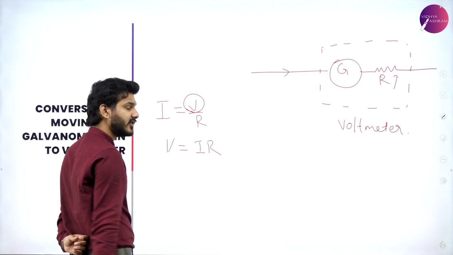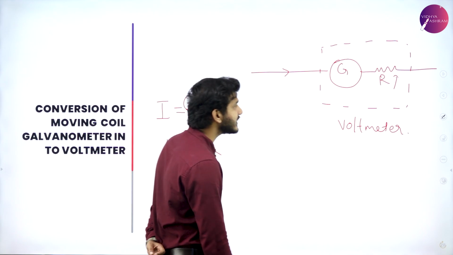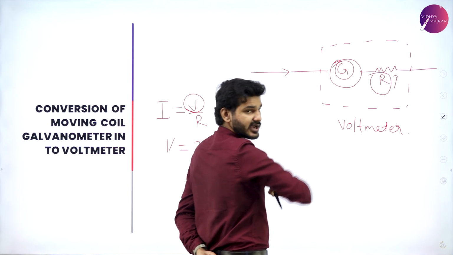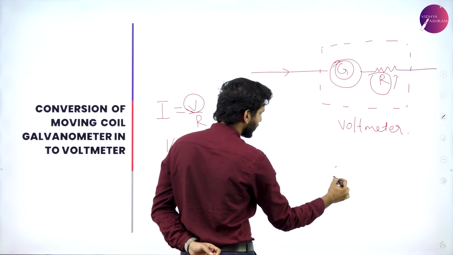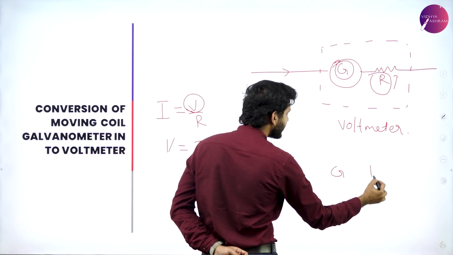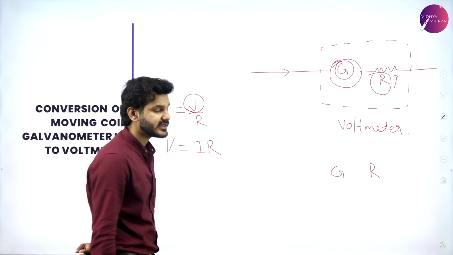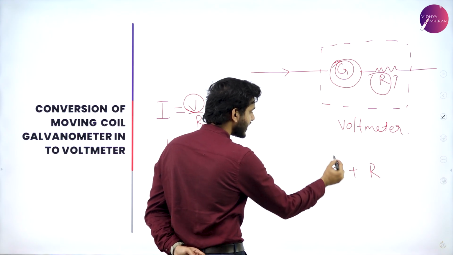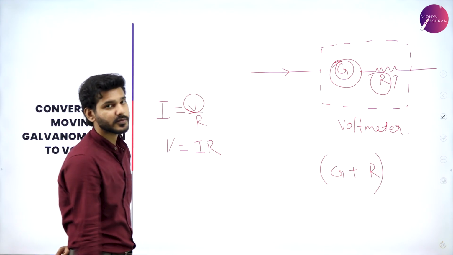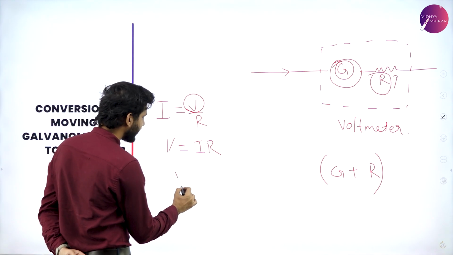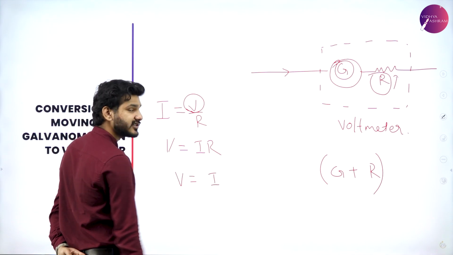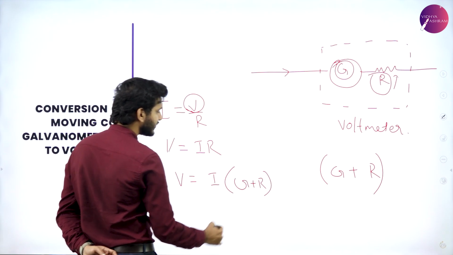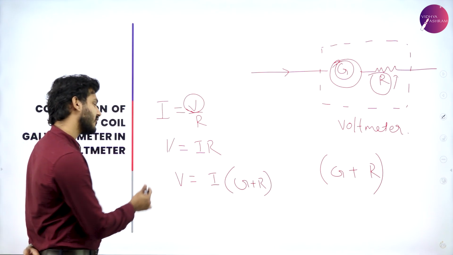Since the resistance here is the sum of the galvanometer resistance G and the resistance R we connected in series, and they are in series, we can directly add them together to get the effective resistance of the circuit. So V will be equal to the current passing through, I, into G plus R. This gives you your equation for the voltmeter conversion.